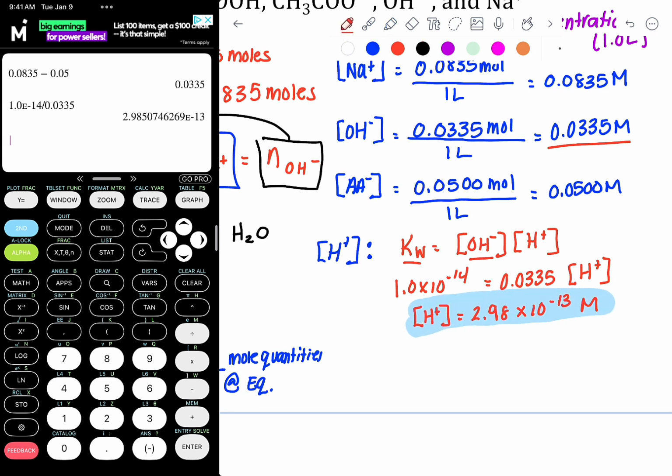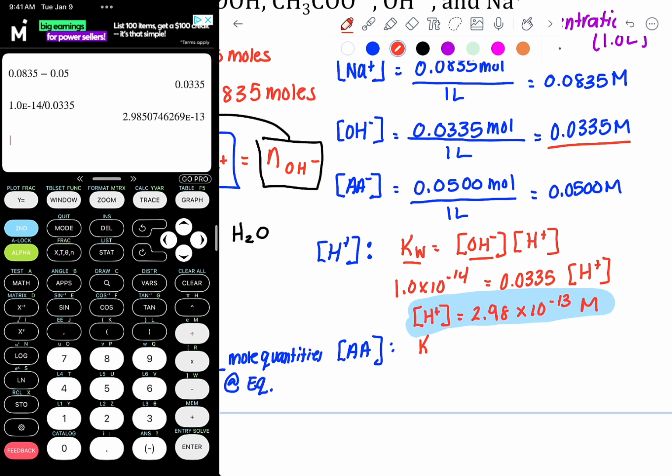Okay, the last one is going to be the acetic acid concentration. And I said that this one, although it's going to be essentially 0, it's still going to have a value because it's an equilibrium. So there's always going to be some of that reactant left. It's just going to be a very small amount. So what we can do here is something similar to what we did with our H+.